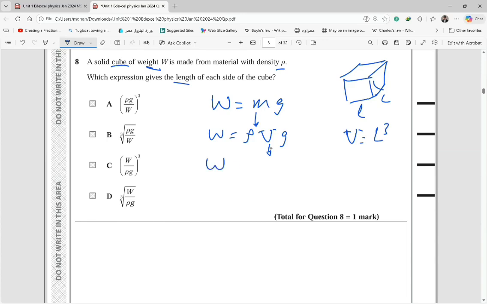This means the weight equals length cubed times density times g. From this, length cubed equals weight over rho g. This means length equals the cube root of weight over rho g. So the answer is the cube root, this one, D.